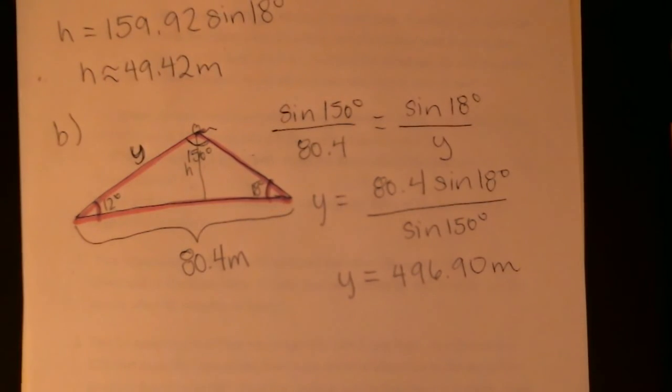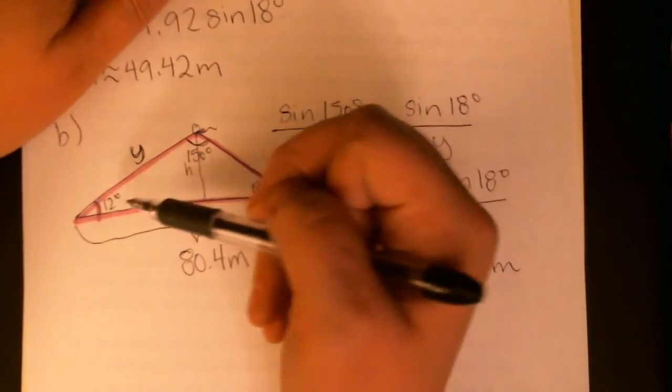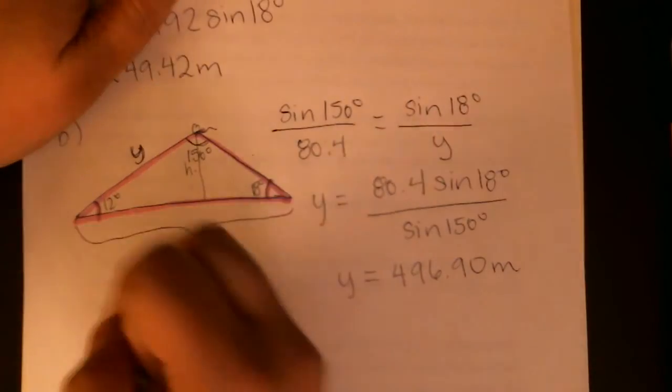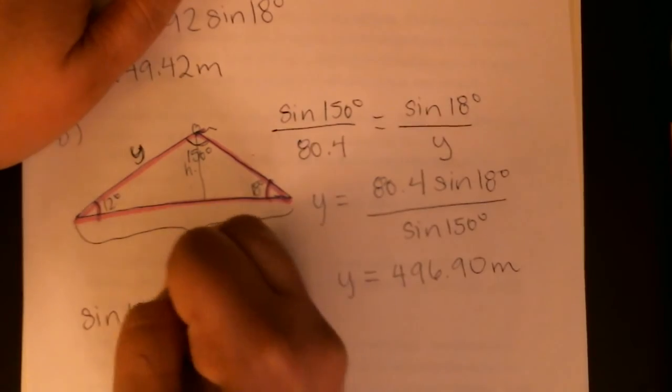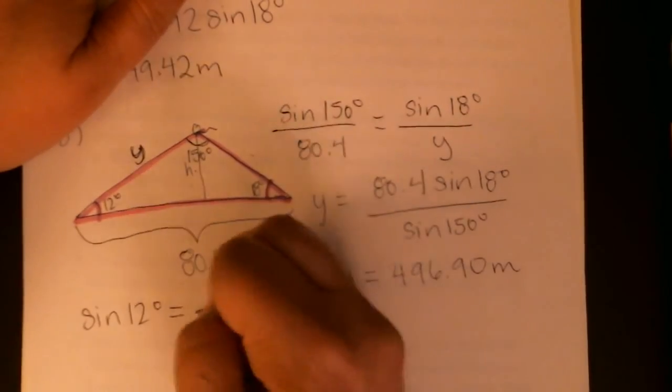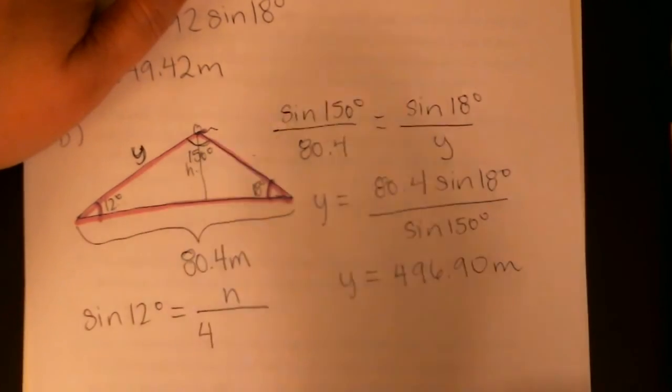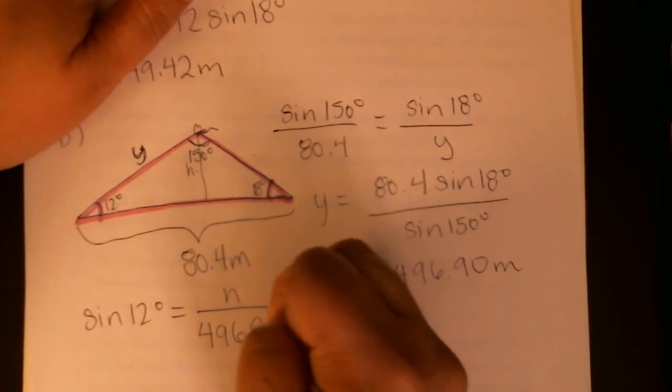Okay, so again, not what I was going for. So I do still have to work through two triangles, but I don't have to do the whole 2x2 system thing. Now that I've got that side, I can use what it looks like a sine once again and say sine of 12 degrees is equal to h over the value I just found, 496.9.